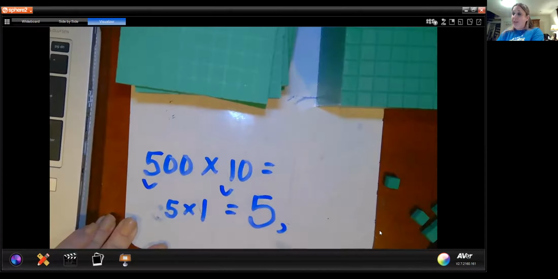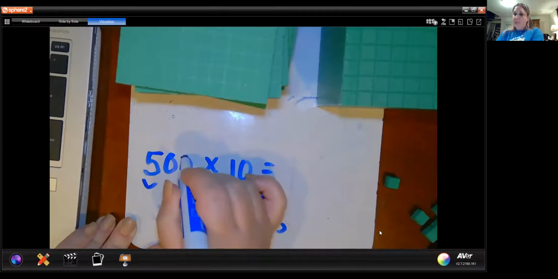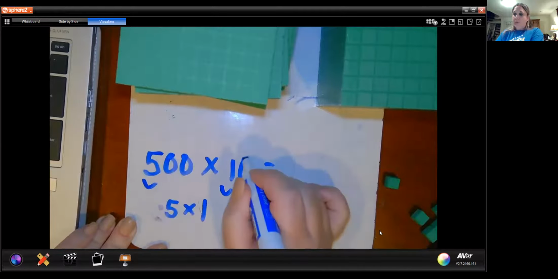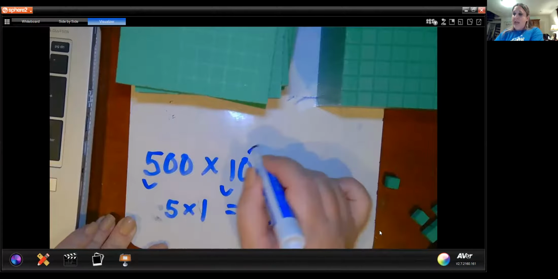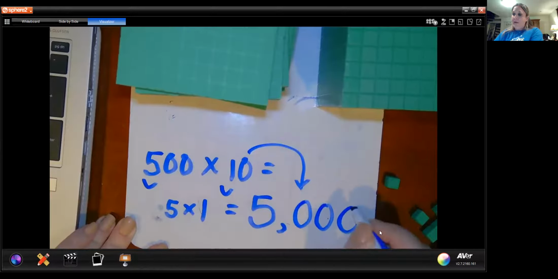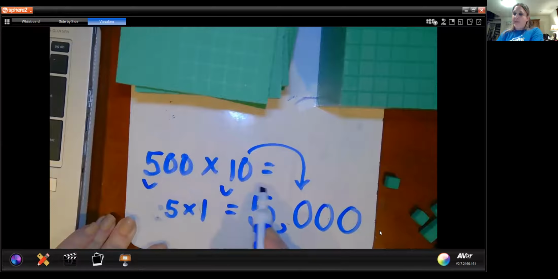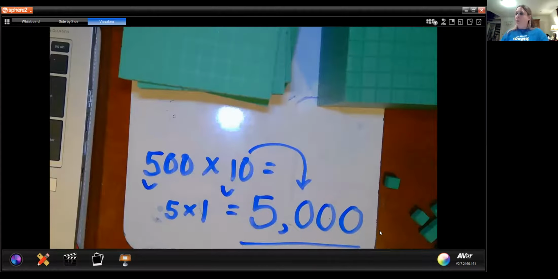Now, this is the challenge. How many zeros are there? 1, 2, 3. So I just take those 3 zeros and I move them down here. So 500 times 10 is 5,000. That's the zeros trick. But we'll learn more about that in class because we have to keep moving on.